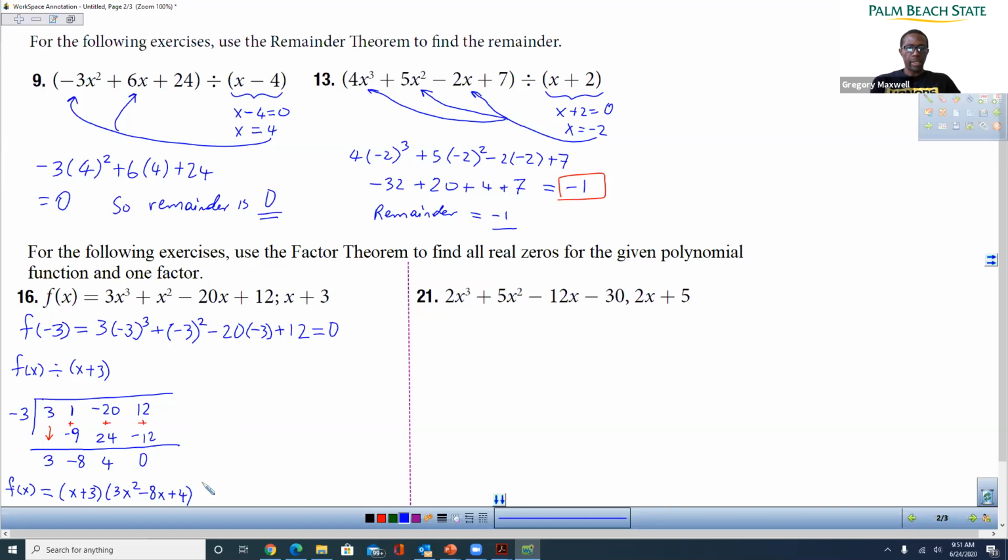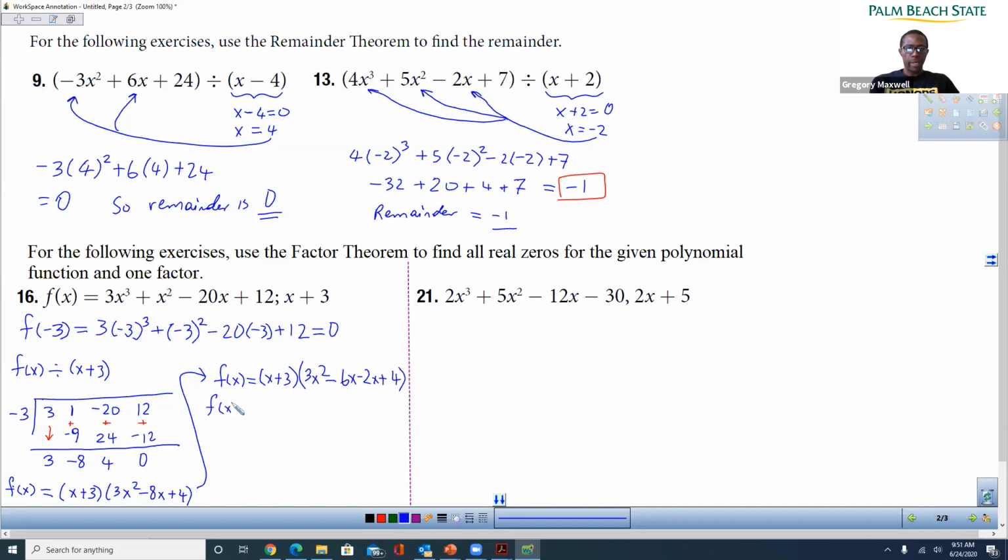So we can then say f of x is equal to x plus 3 times what we get when we factor 3x squared minus 8x plus 4, which is two numbers that multiply to be 12 and add to be negative 8, which are negative 6 and negative 2.